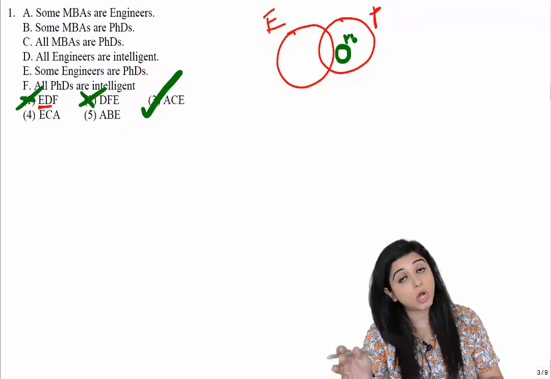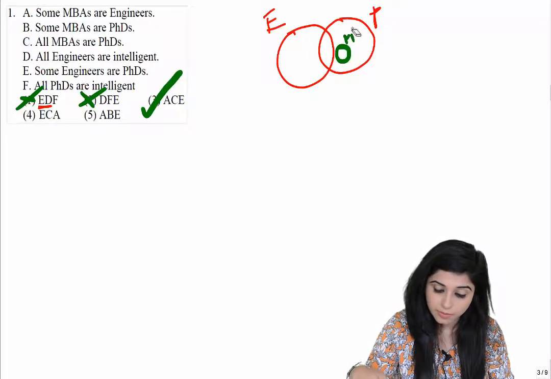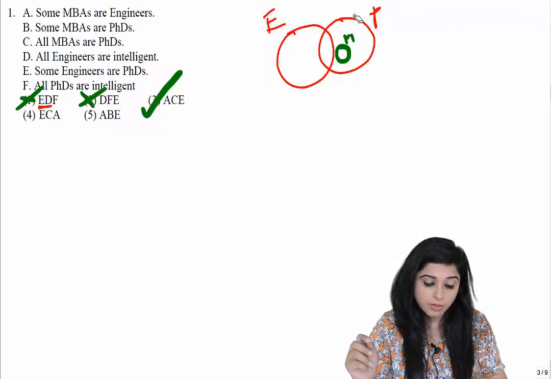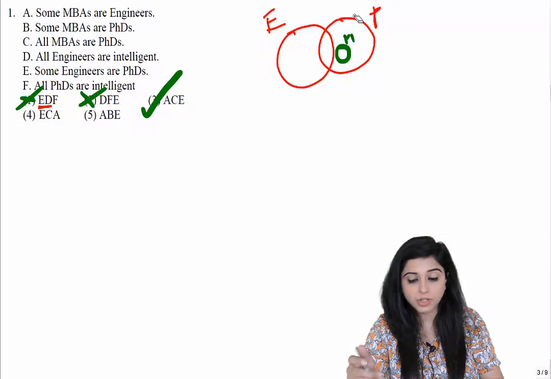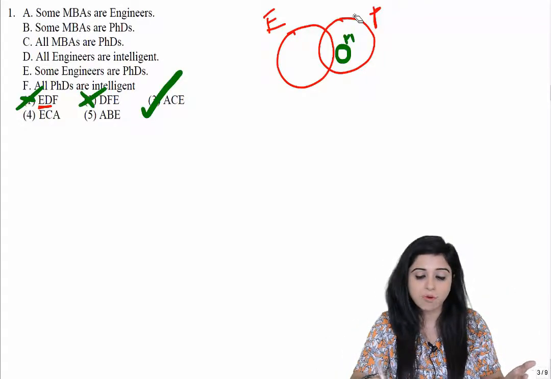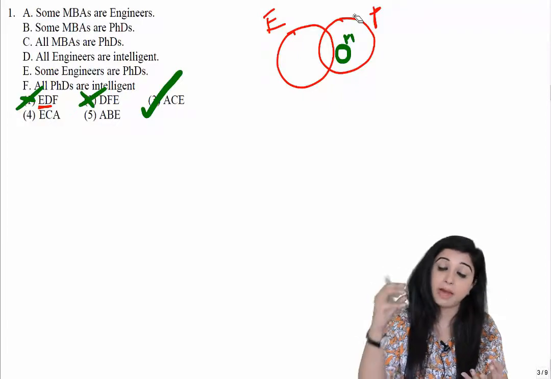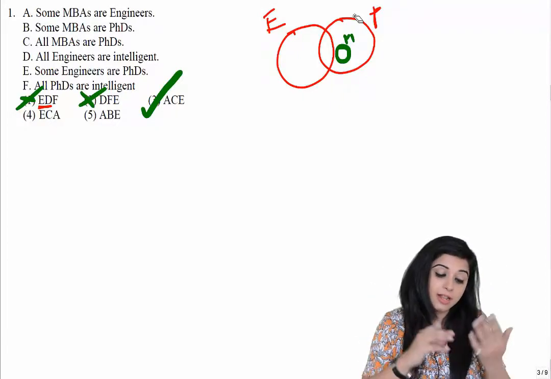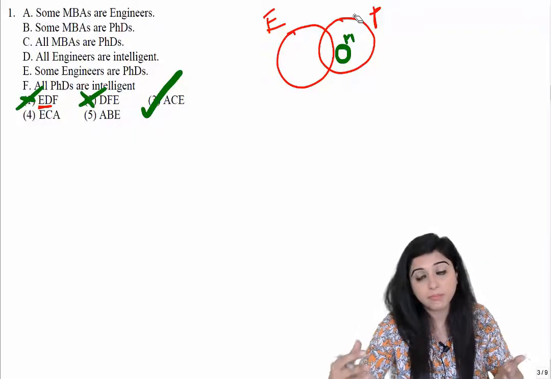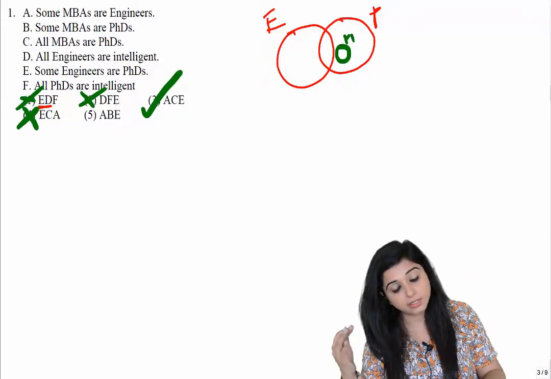It may or may not have something to do with engineers, by the way, right? Okay. A says some MBAs are engineers. Like I said, may or may not. We don't know for sure. Therefore, in this representation, there's nothing. But it may be an intersecting set. It might just be in the intersecting area as well. Therefore, it might have been a possibility, but for sure, no. Therefore, it is not the answer.